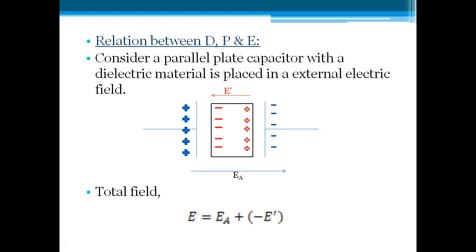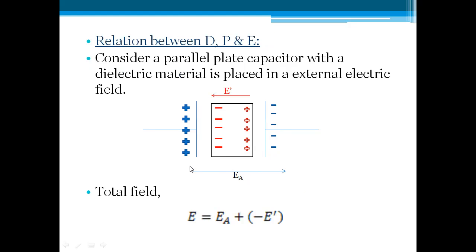The second relation is between displacement vector, polarization vector, and electric field intensity. To derive it, let us consider a parallel plate capacitor in between which a dielectric material has been placed. Now let us apply an electric field E_A to this parallel plate capacitor so that the left side plate will become a positive plate and the right side one will become a negative plate.